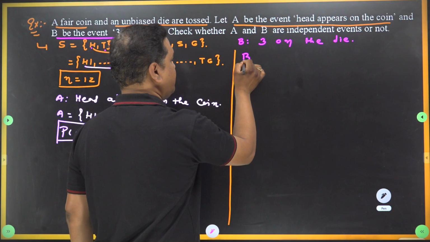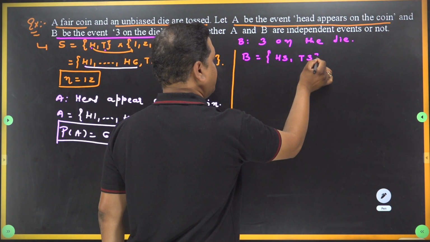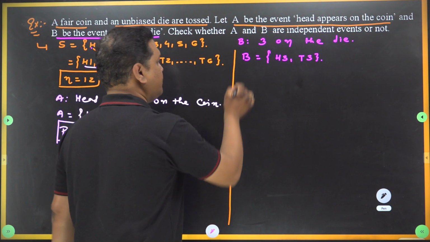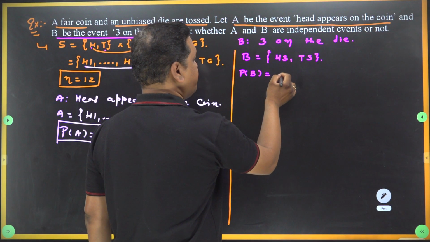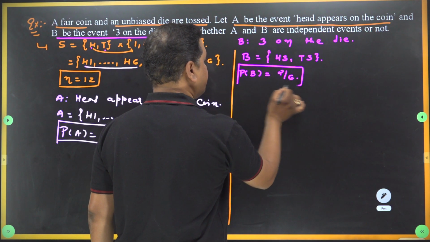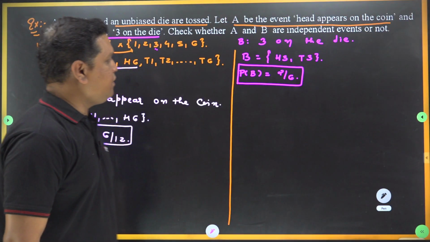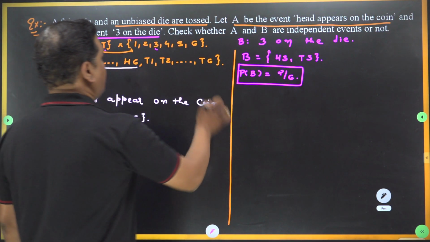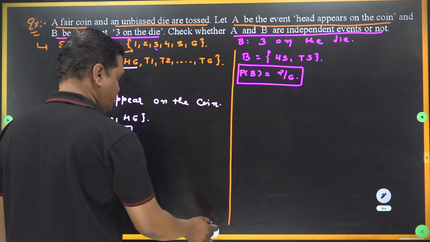Event B, H3 T3, P of B 2/6. Now the question is, A and B are independent event or not?